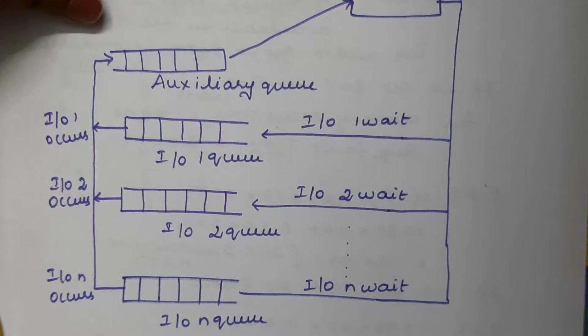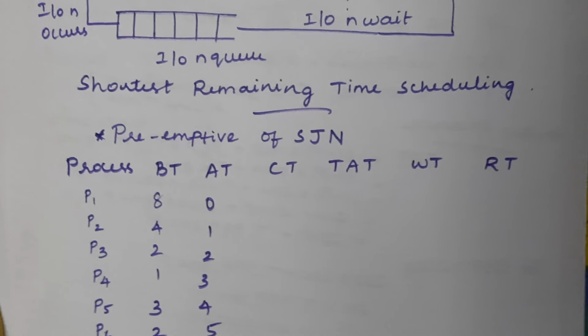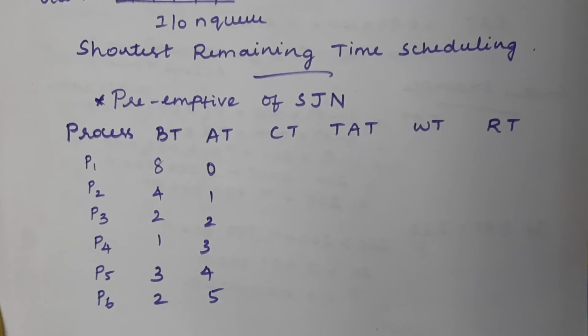Okay, and the next scheduling is shortest remaining time scheduling. This shortest remaining time scheduling is the extension of the shortest process next. So we already discussed the shortest job first, right?